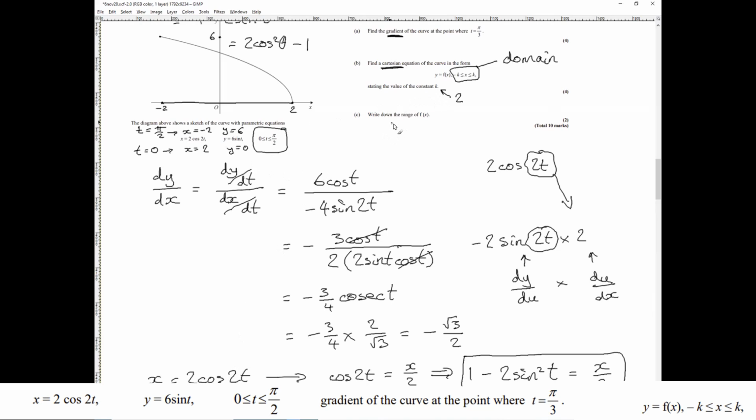So how would you write it down? I'm not sure. You would say y values between, like here they're saying x values between -k and k. Here we're saying, therefore, y values between what and what.